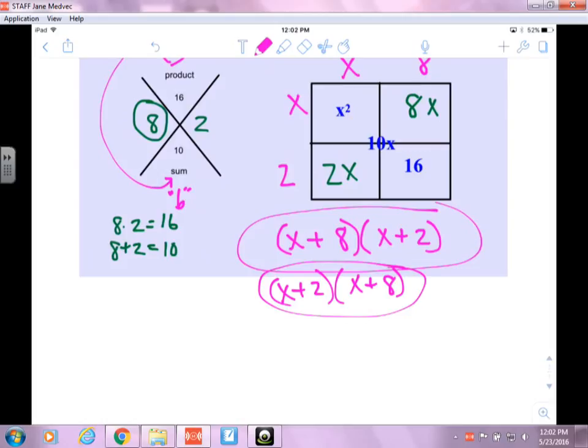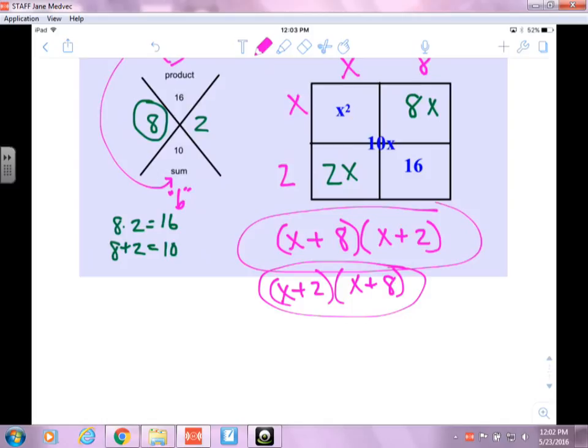Yep. It doesn't matter which side the 8 is on. She's asking, on the left-hand side, does the 2 have to be there? If you put 2x in the lower left-hand box, it has to be 2.